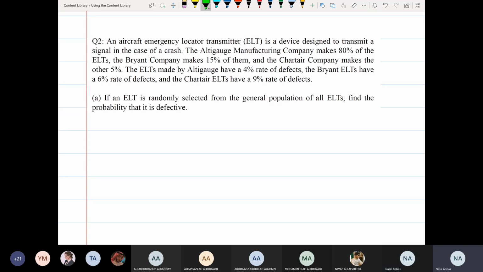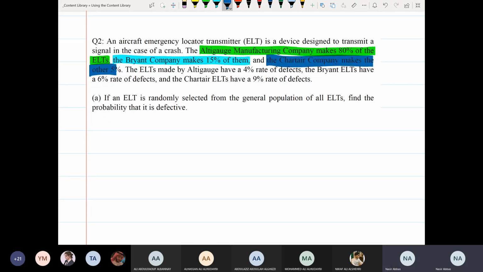A manufacturing company produces 80% of the ELTs. The B manufacturing company produces 15% of them. And a C manufacturing company produces the remaining 5% of them.